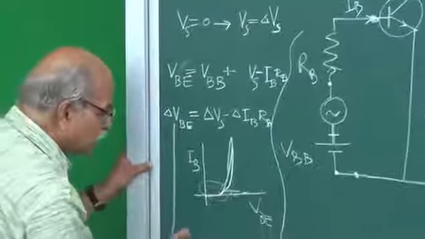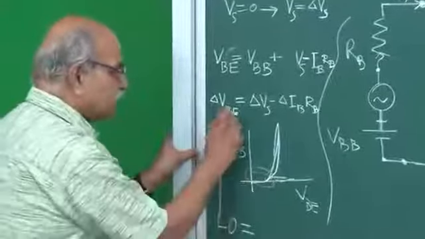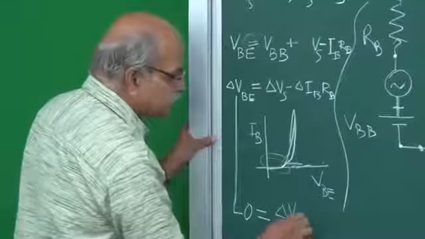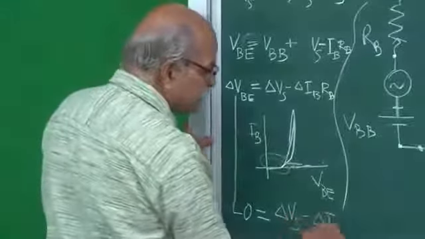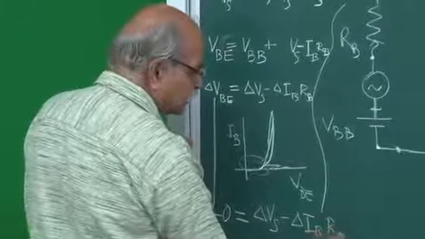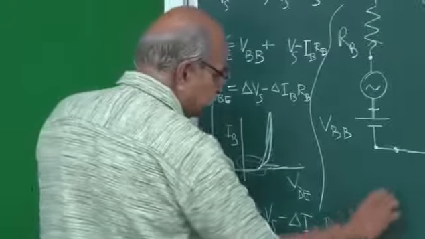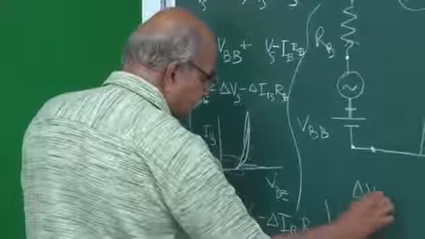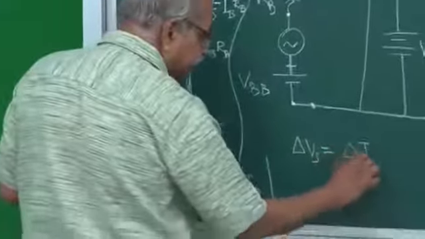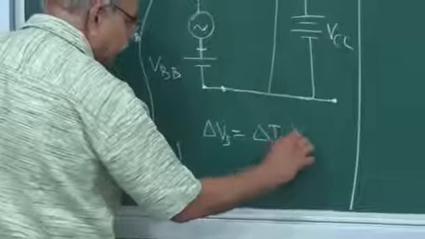The same thing you can write from here also. If you take this as very small and write it as 0, then you have 0 equal to delta Vs minus delta IB times RB. So delta Vs is equal to delta IB into RB.